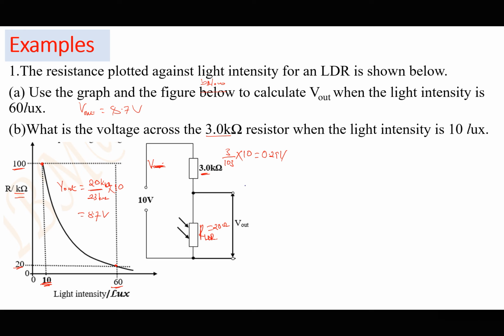So if I wanted the PD across the LDR, I would just say 10 minus 0.29, which will give me the PD across the LDR alone, which will now be my V out. So that is how we use the potential dividers together with the sensing devices in calculations. Okay.